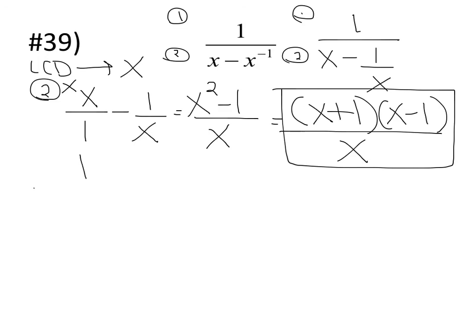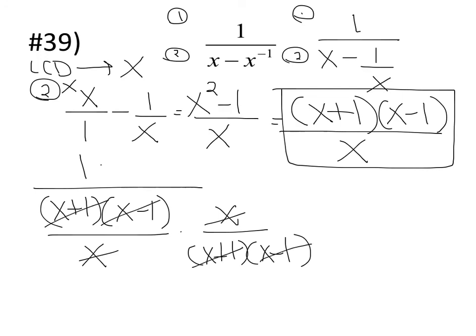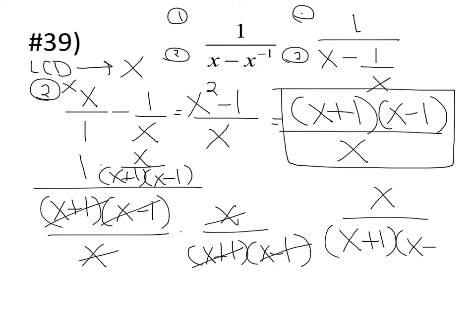So I have 1 over 1 from my numerator, x plus 1 times x minus 1 over x. Multiply by the reciprocal of the denominator. And then do the same thing in the numerator. Now, anything times 1 is just itself. So your answer is x over x plus 1 times x minus 1.